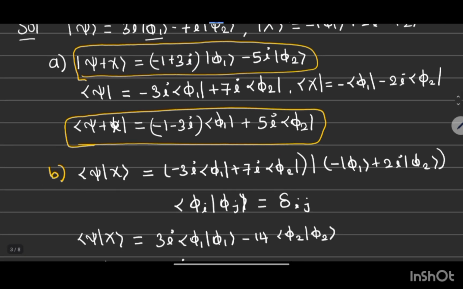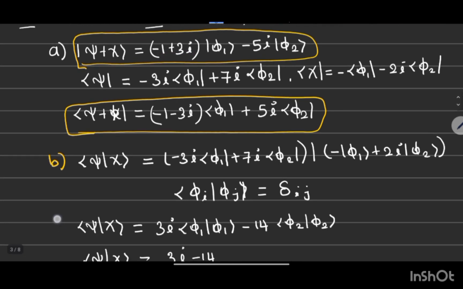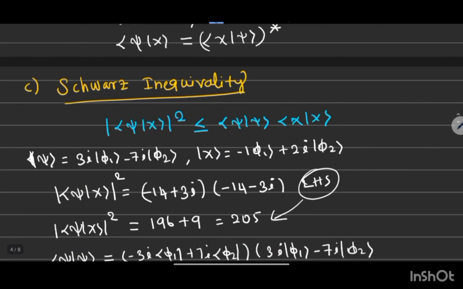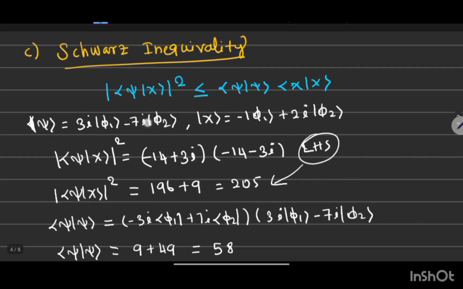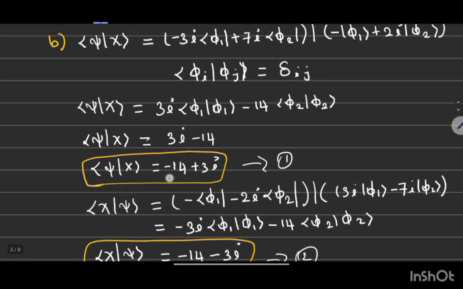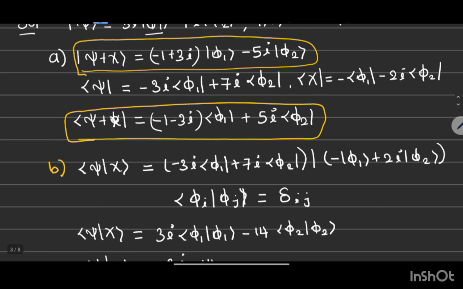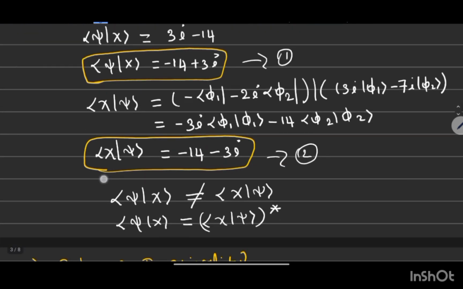Let's take that: minus 1 minus 3i plus 5i. So bra psi is equal to, first we will find this. My bra vector, the addition of these two bra vectors, is minus 1 minus 3i, plus 5i.